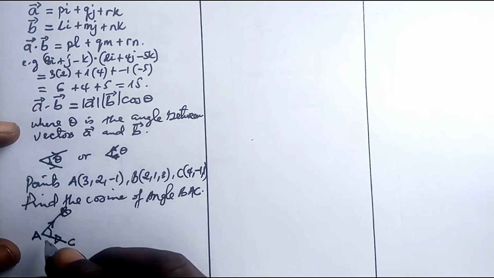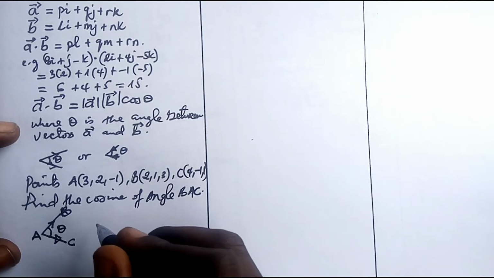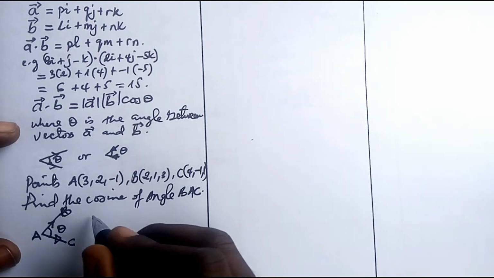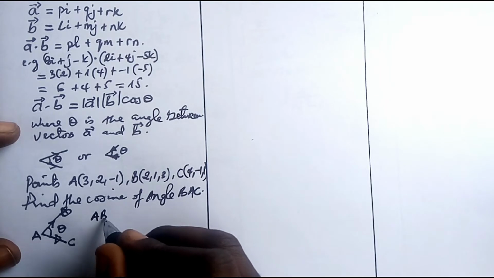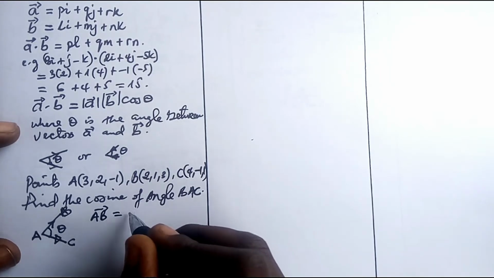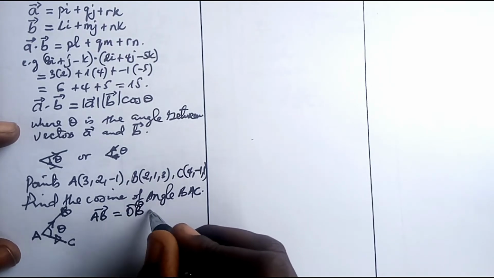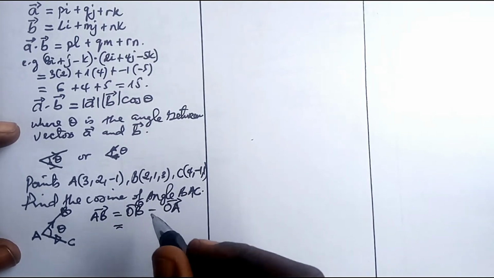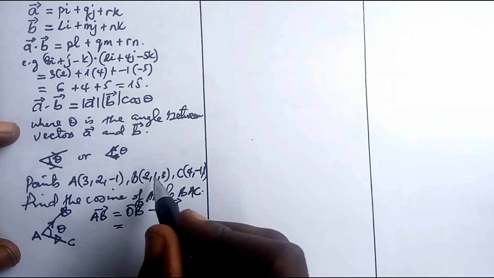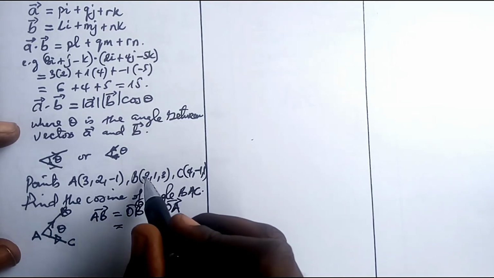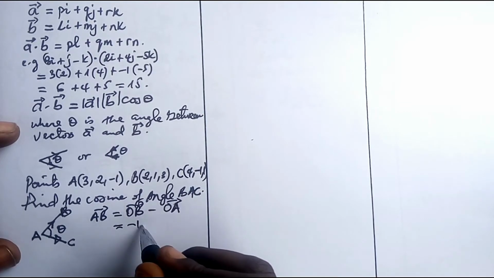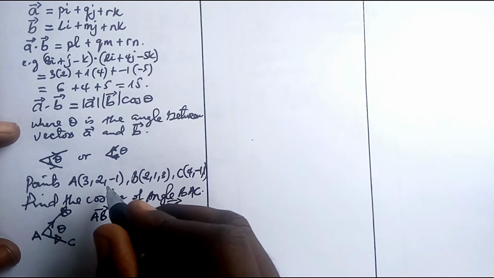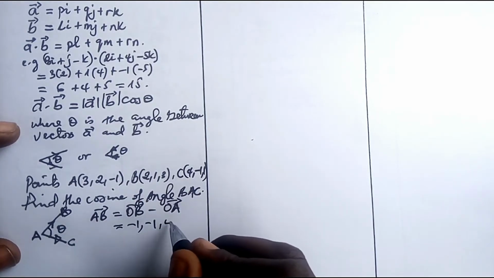In that case, to find this angle, if I call it theta, I would need the displacement vectors AB and AC. AB is OB minus OA. By direct subtraction, B minus A gives 2 minus 3, which is negative 1, 1 minus 2, which is negative 1, and 3 minus minus 1, which is 4.